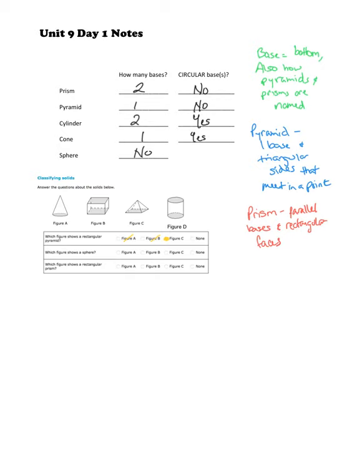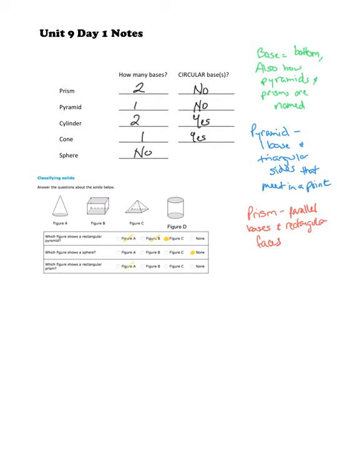Next one, which figure shows a sphere? Does anything out of those four figures look like a ball? That would be no. Now, which figure shows a rectangular prism? Over here is your definition. A prism is parallel bases with rectangular faces. Parallel bases, it means it has to have two.